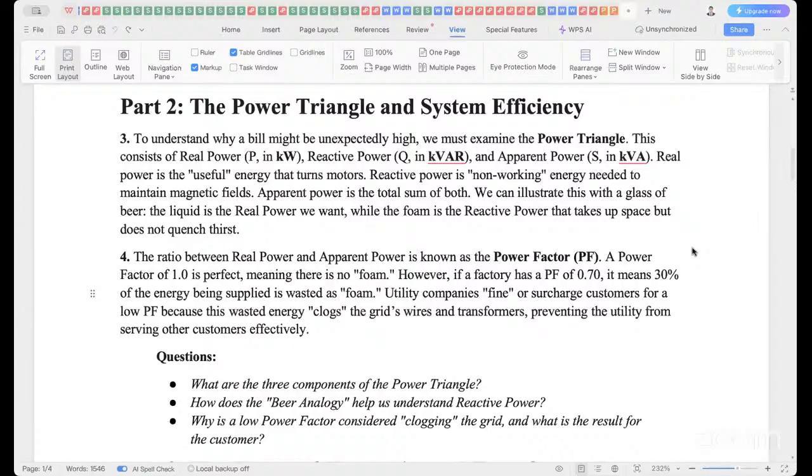If a facility has a power factor of 0.3 or 0.4, it means 70% of the power of that facility is being wasted. Only 30% or 40% is being utilized. So as you approach unity power factor, you are energy effective.